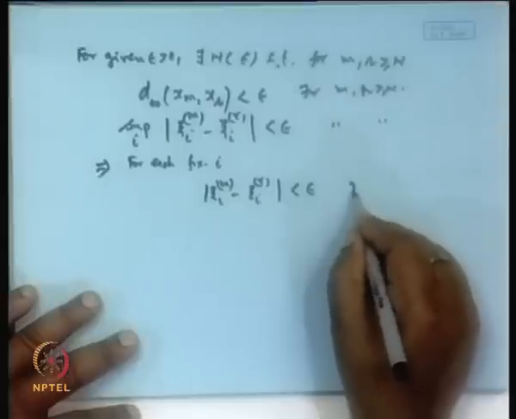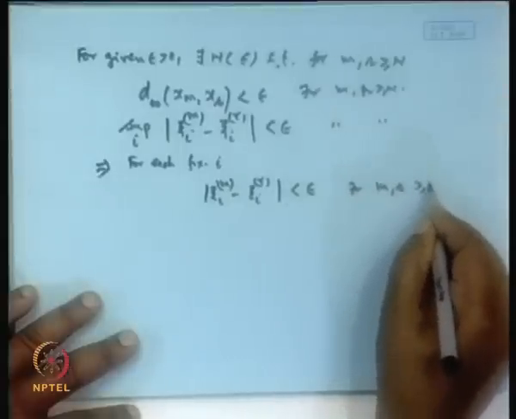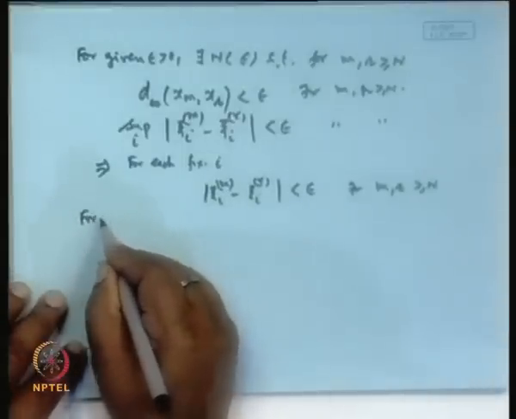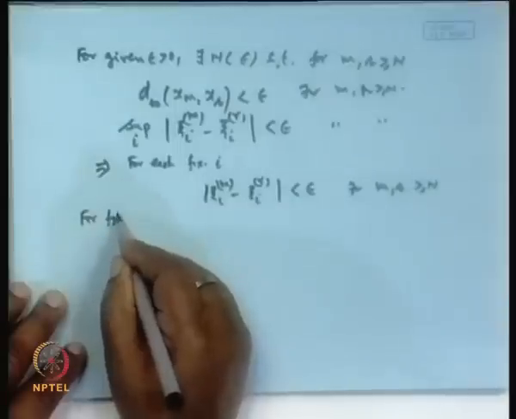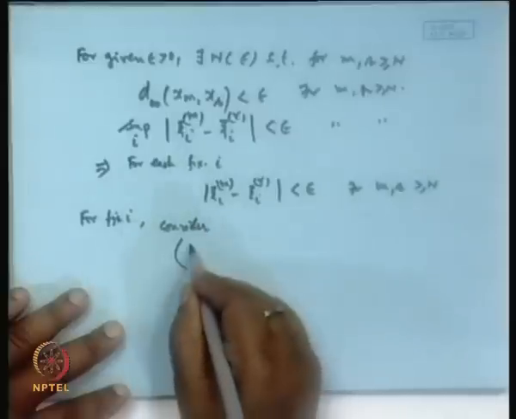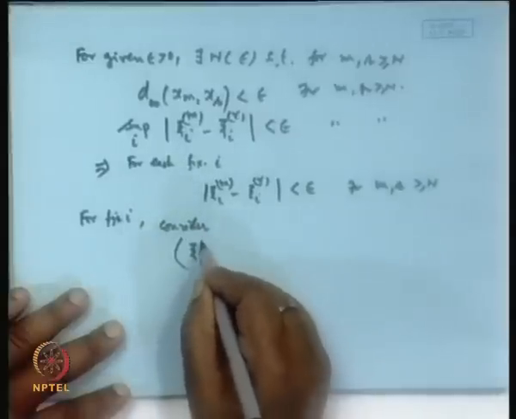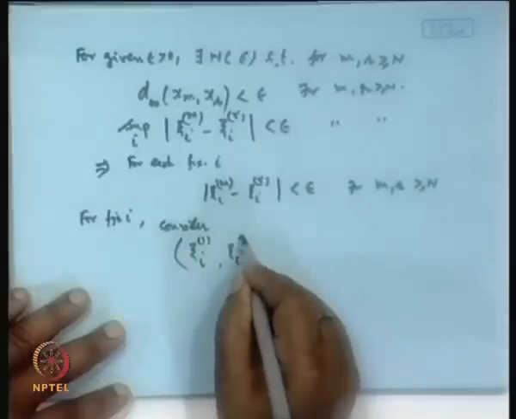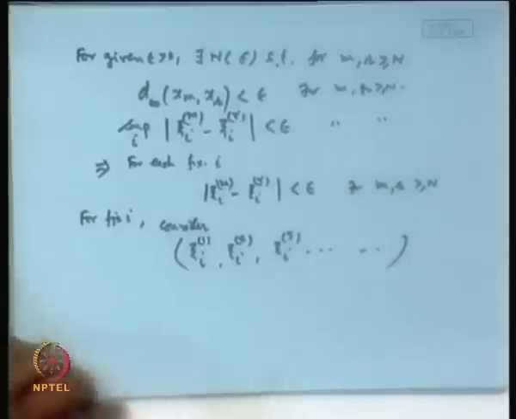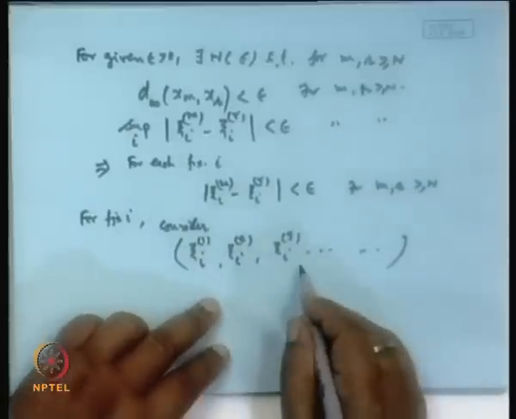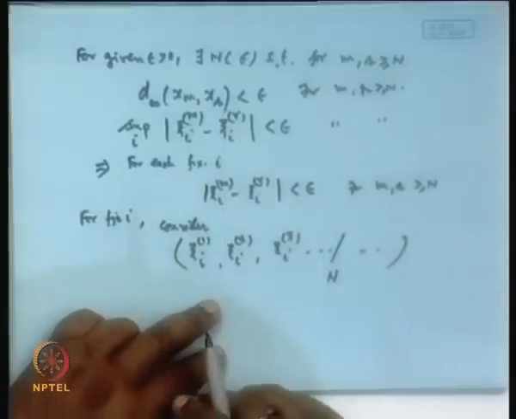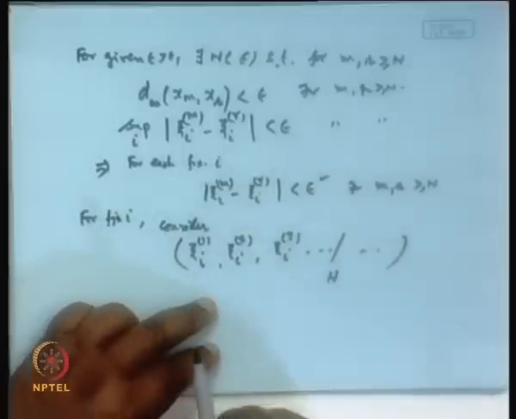And this is true for all m, r greater than or equal to N. It means, if I consider the sequence like this for fixed i, xi i 1, xi i 2, xi i 3 and so on, this sequence has a character: the difference between any two arbitrary terms of the sequence after a certain stage, say capital N onward, remains less than epsilon.